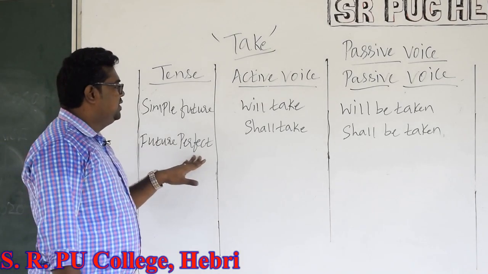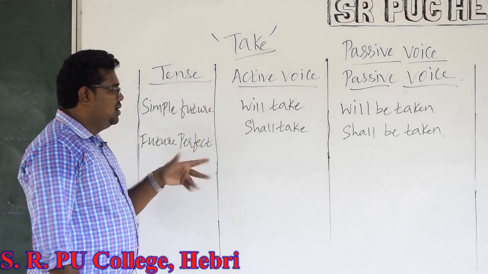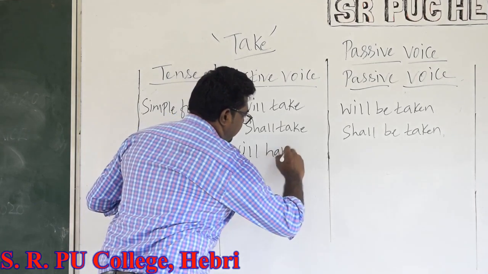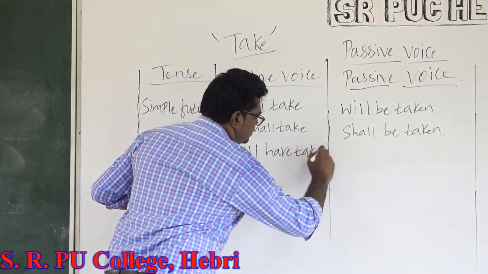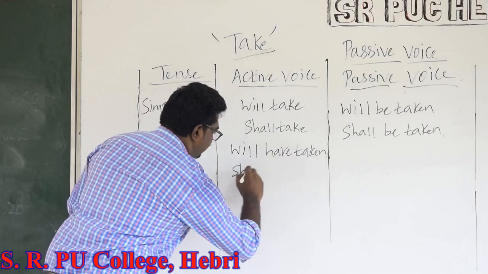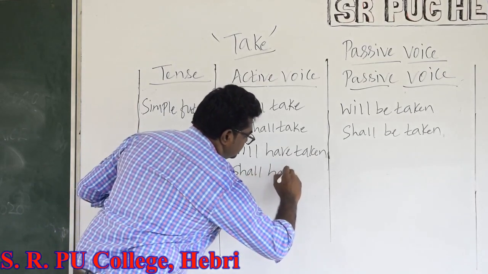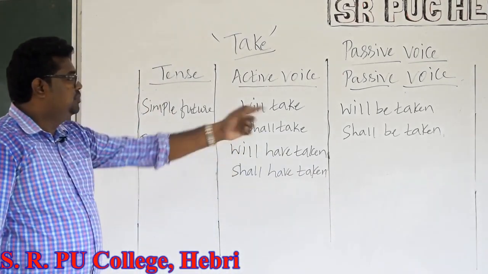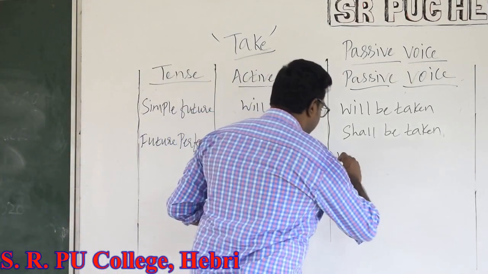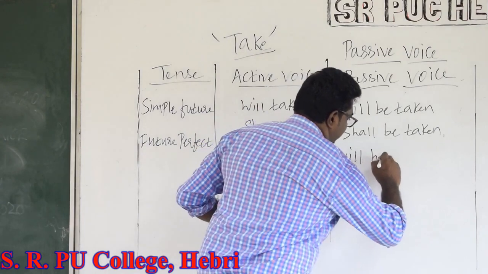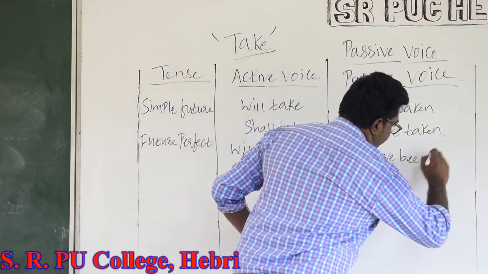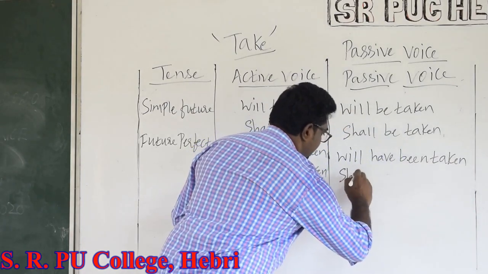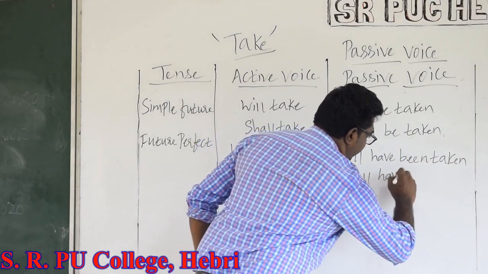Under future perfect tense, once again the verb will have either will have taken or shall have taken. When you change this into passive voice, will have been taken or shall have been taken.